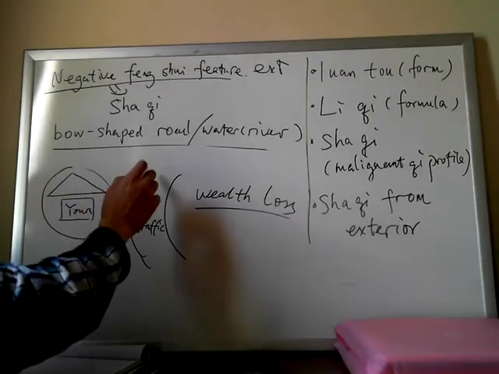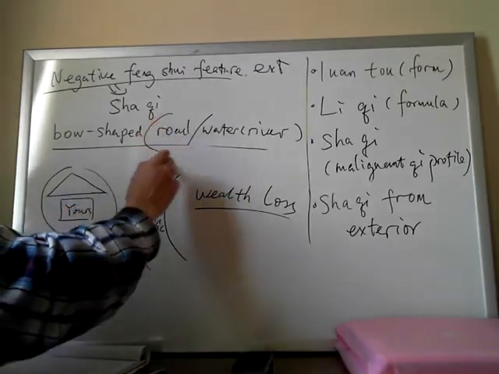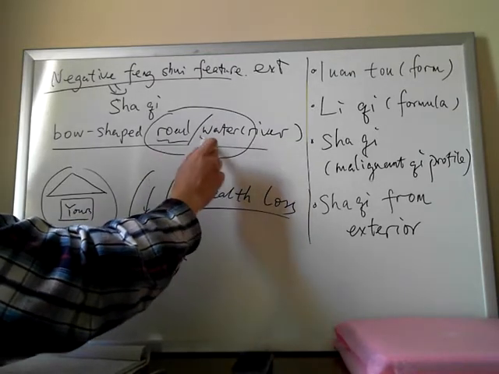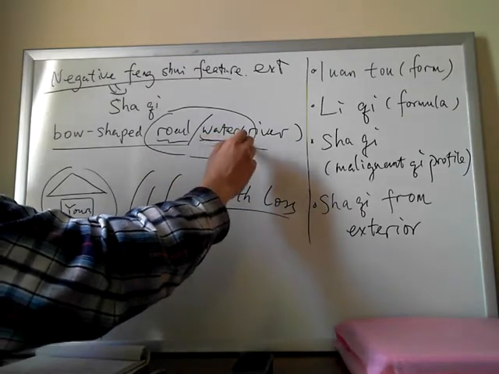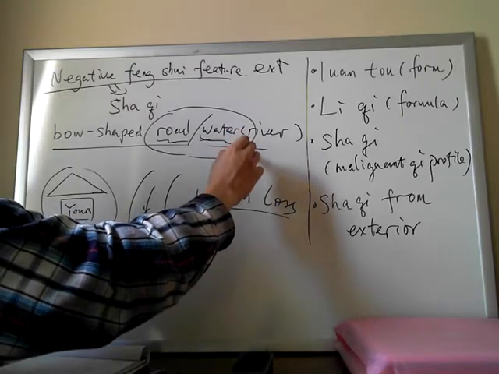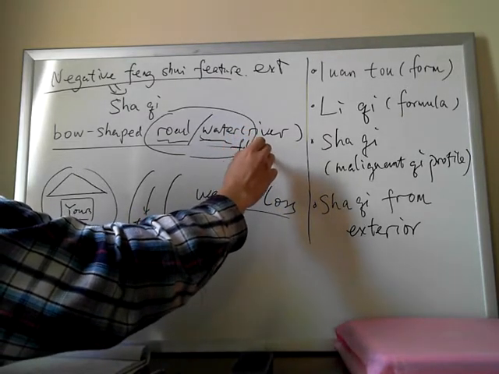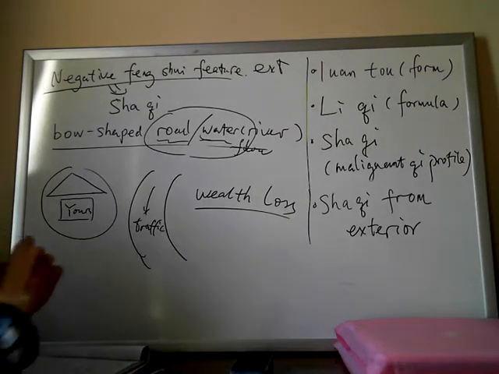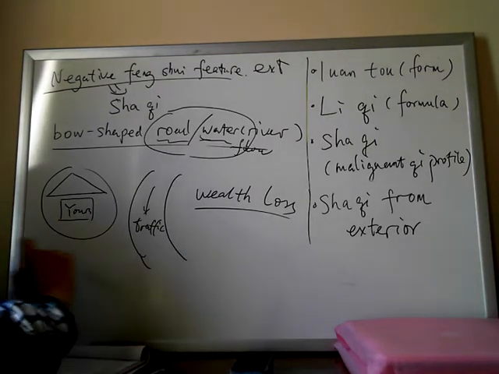So essentially, in feng shui, the road is considered a type of water, a type of water flow. So the explanation is in old times.